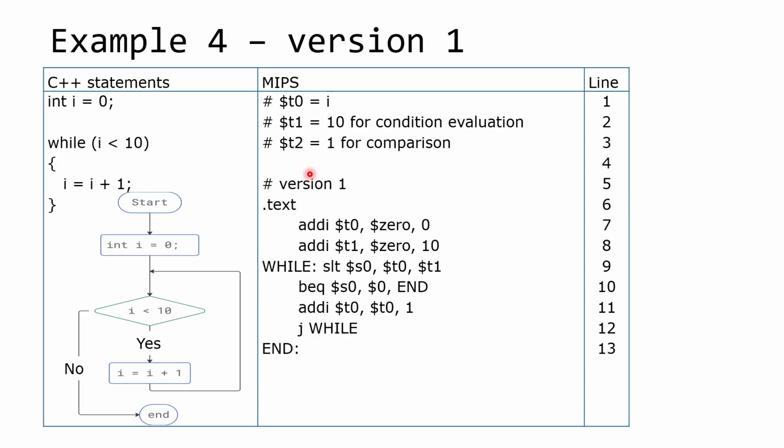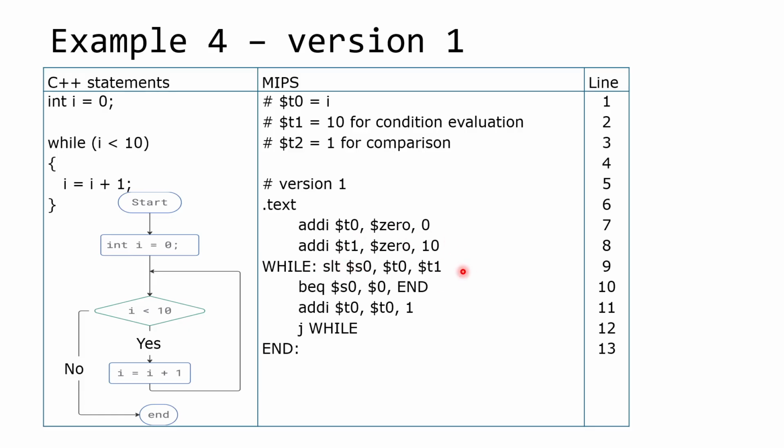Look at the first version. In the text segment, I put a declaration for I: ADDI T0, register 0 and 0. So we will have T0 equal to 0 here, and then we put T1 as 10: ADDI T1, 0, 10.